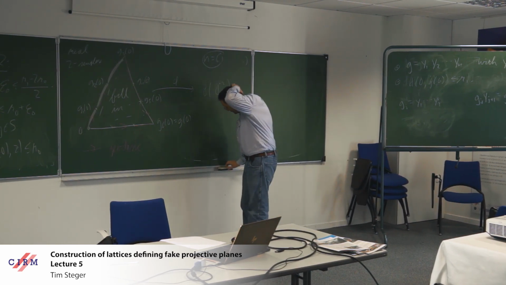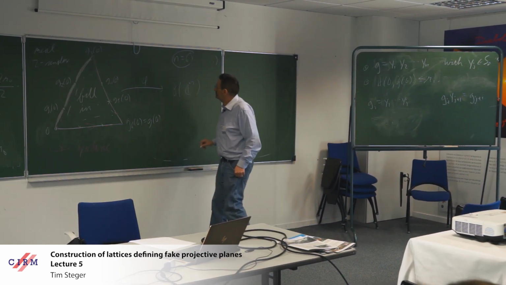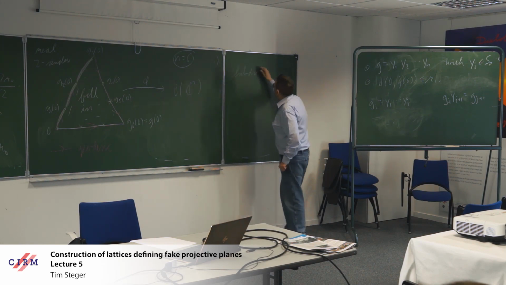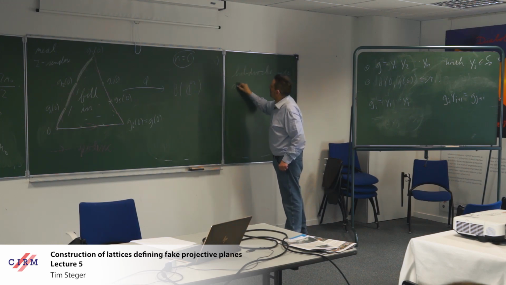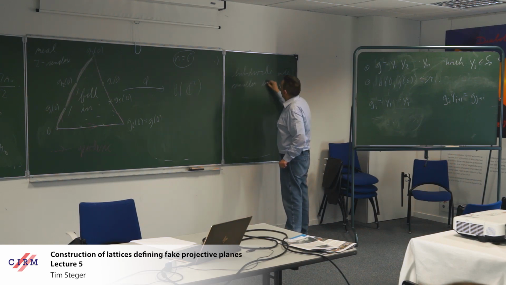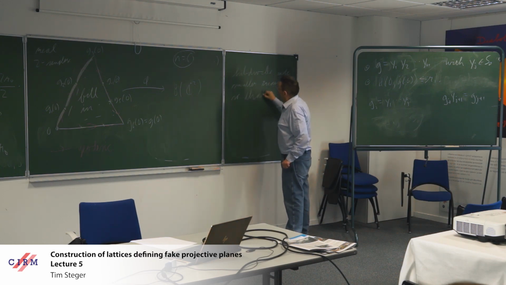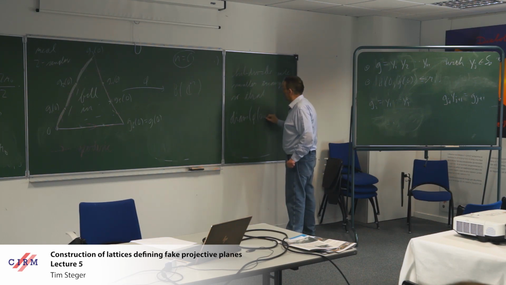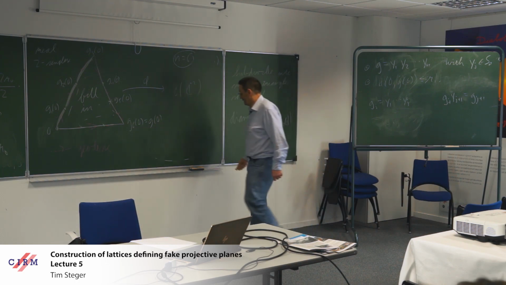Now, subdivide into smaller triangles so that the diameter of phi applied to a small triangle is less than or equal to epsilon 0.